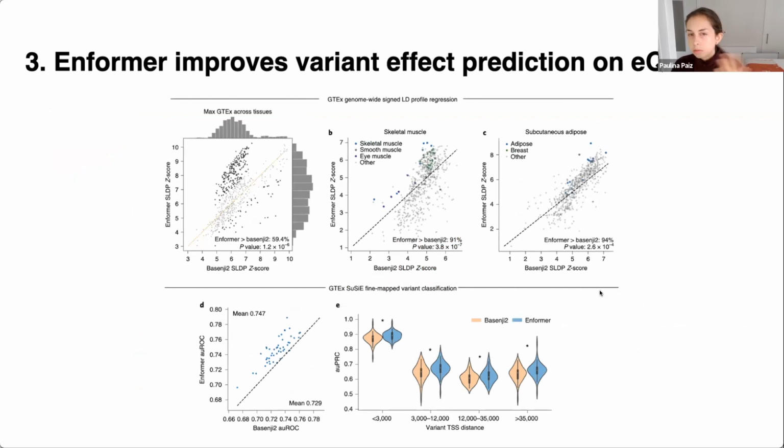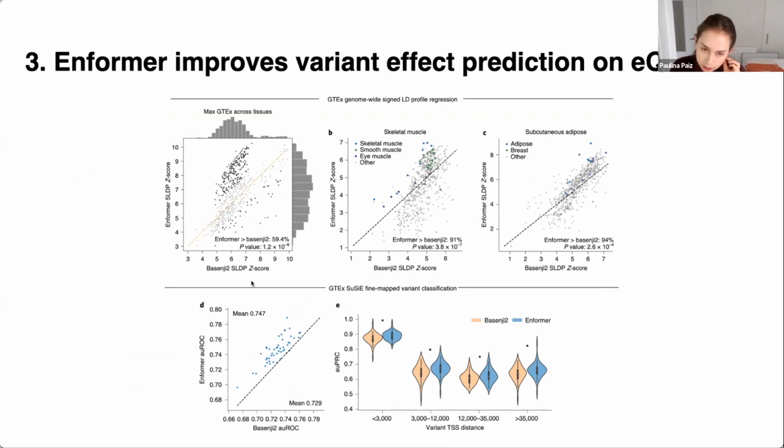And so, as you may predict, Enformer is able to improve variant effect prediction with higher scores than Basenji 2.